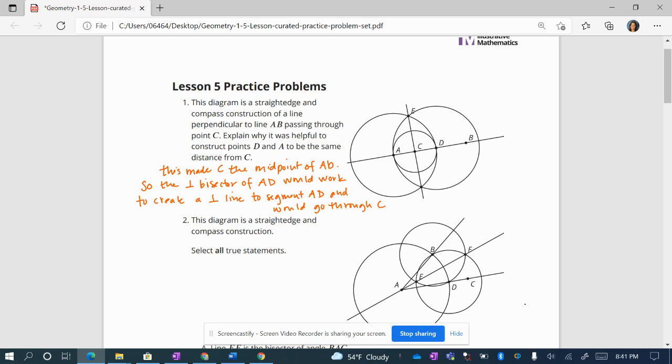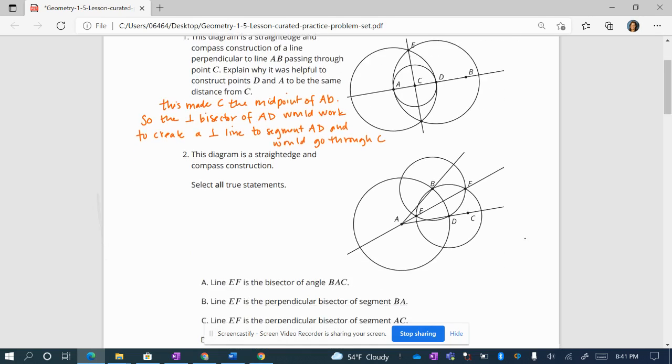We want the perpendicular line to pass through C, which is the midpoint. So we kind of worked backwards to make sure that would happen.